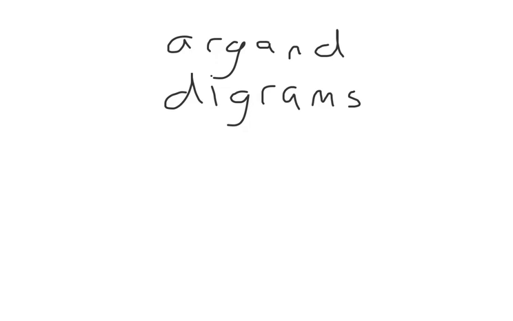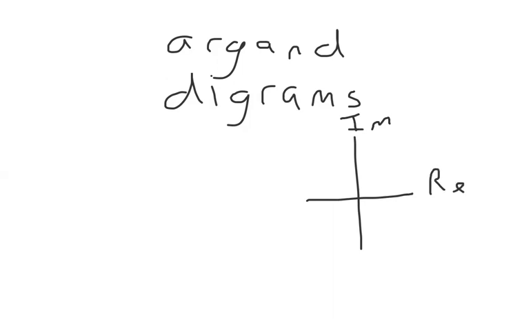So an Argand diagram is a way of drawing complex numbers on a set of axes. As I said in one of the previous videos for my complex number series, for complex numbers we have weird axes. We have the imaginary, which would usually be the y, and we have the real, which would be on the x.